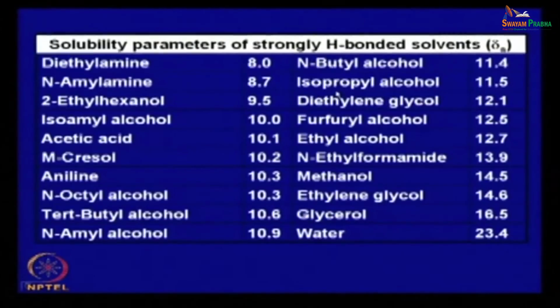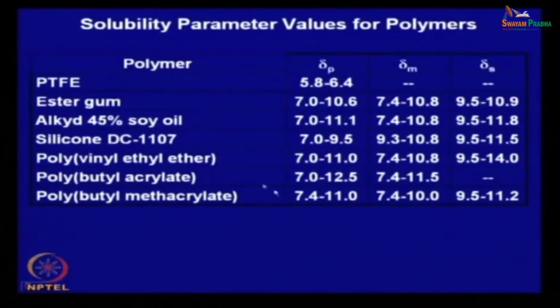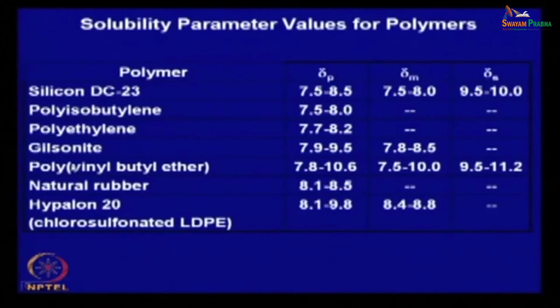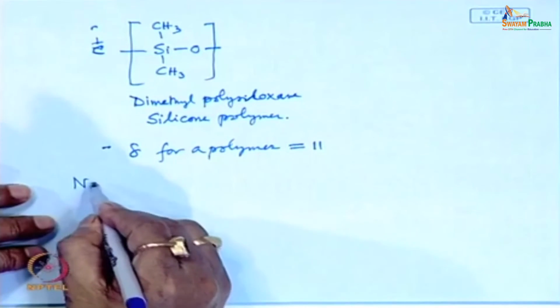Here you see there are solvents whose solubility parameters are 11.4, 11.5, 12, 10.9, 10.6, 10.3, and go to the polymer chart. You take a polar polymer, say alkyd resin. No, it will be a little complicated. You take natural rubber as an example.